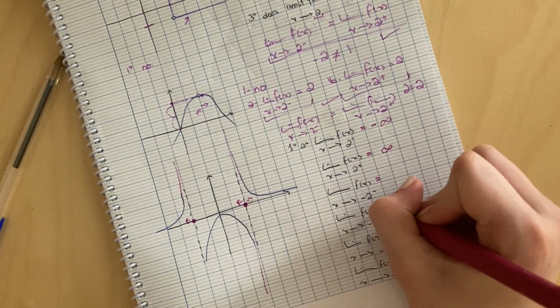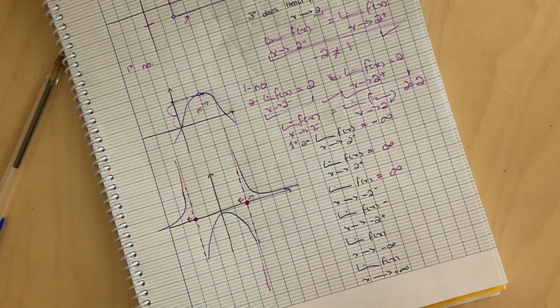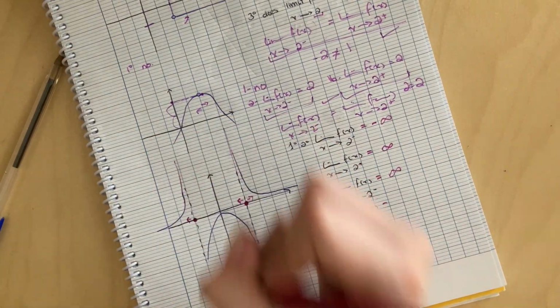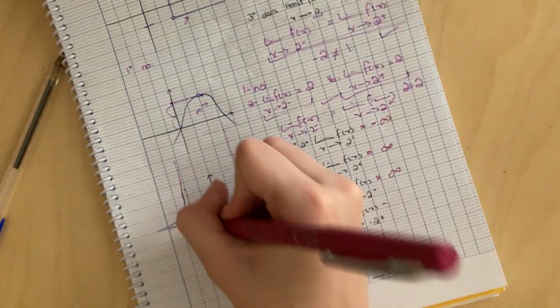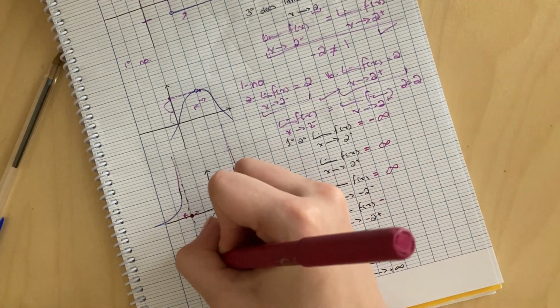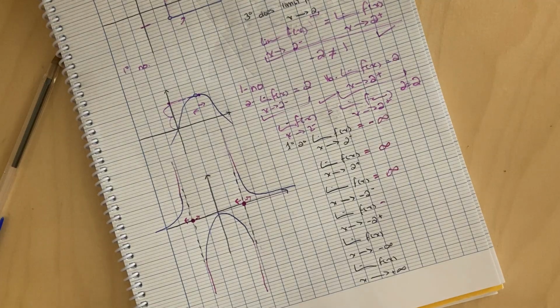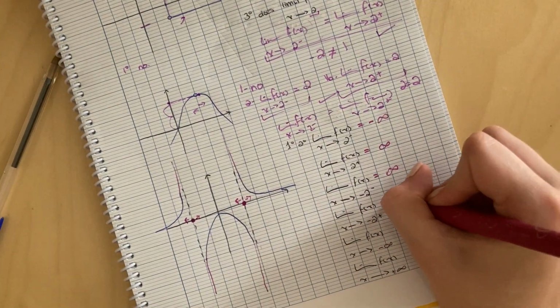It's going to be this one, infinity. Okay, so what's the limit of f(x) as x tends towards -2 plus? Again, locate -2 on the graph, and plus is going to be a little bit to this side. We look at the graph and we can see that a little bit to this side is right here, which just keeps going down, down, down until negative infinity.